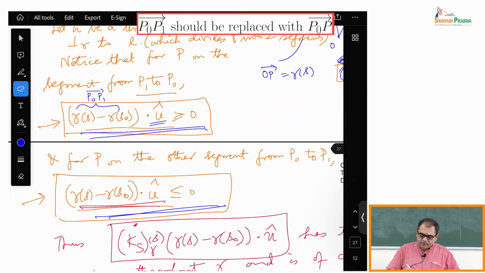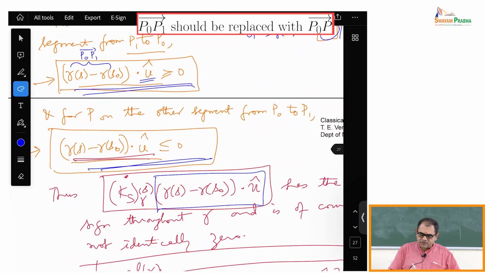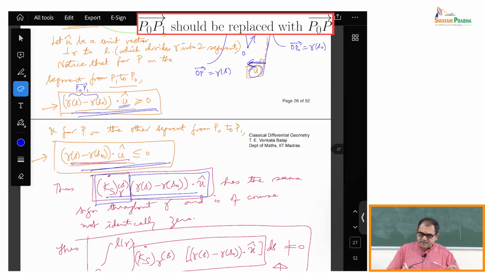So you take that function and multiply it with the derivative of the sine curvature, which also has the same property that on two segments of the curve it has opposite sign, so that this product has the same sign throughout the curve, and it is not identically 0.